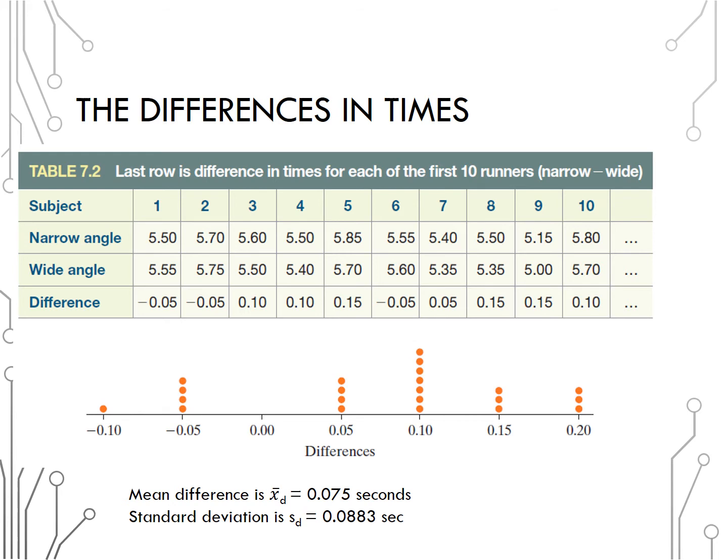We can see a majority of the differences are greater than 0, indicating that the narrow path had a higher time, i.e. was slower, than the wide path on average. We see that the mean of differences, x bar d, is 0.075 seconds, with a standard deviation of the differences, s sub d, of 0.0883 seconds.